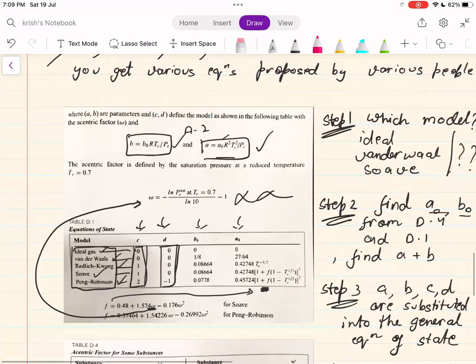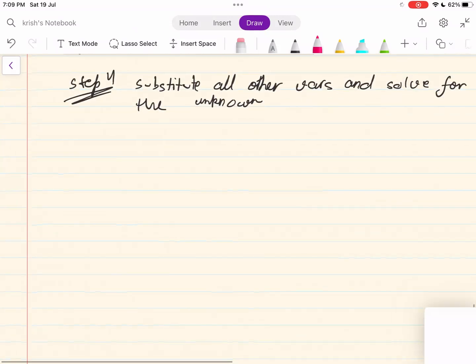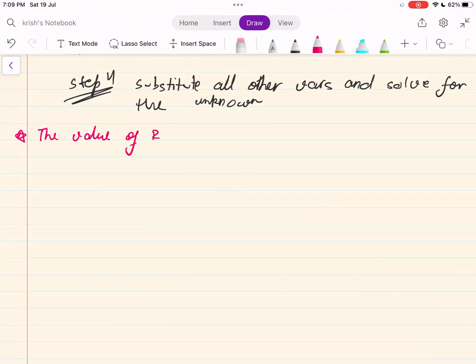I want to end this section on ideal gas by writing that the value of R for different gases is different. No longer are we using the standard value of R, which was 8.314 joule per mole Kelvin.